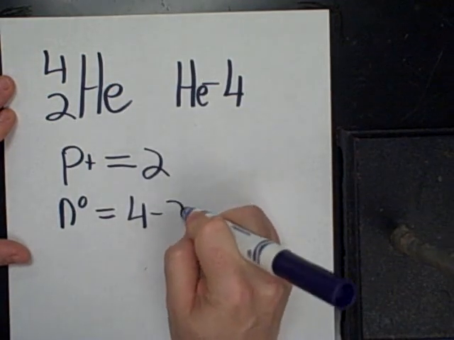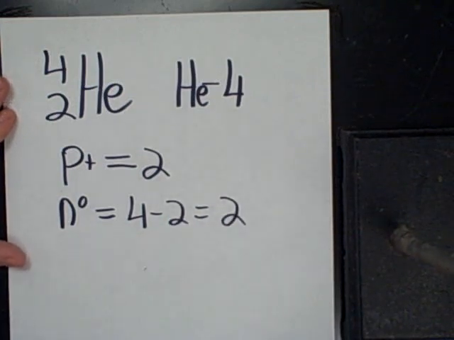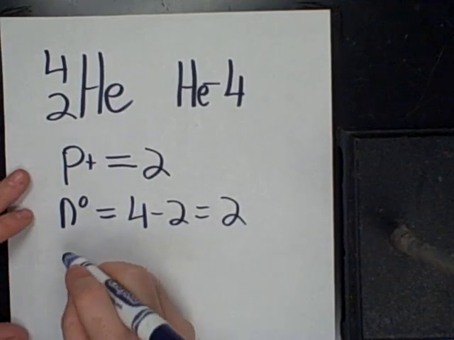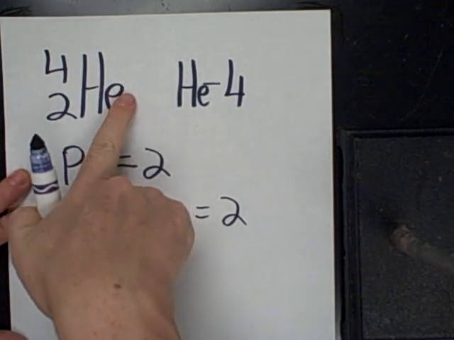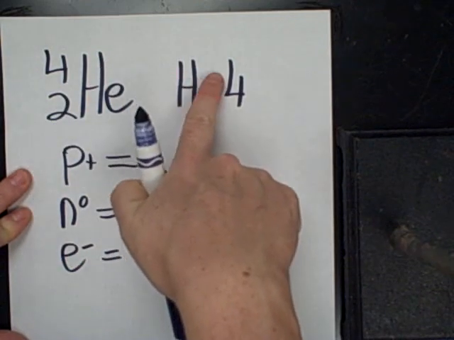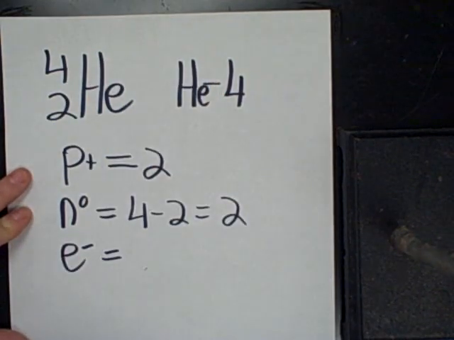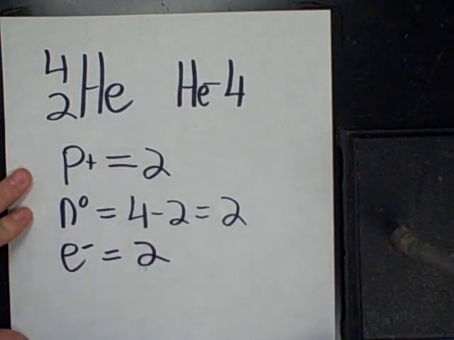So 4 minus 2 equals 2 neutrons. For the electrons, this is not an ion because there's no plus or minus symbol at the top. It's a neutral atom, so that means that the number of electrons will be the same as the number of protons. So we have 2 electrons.